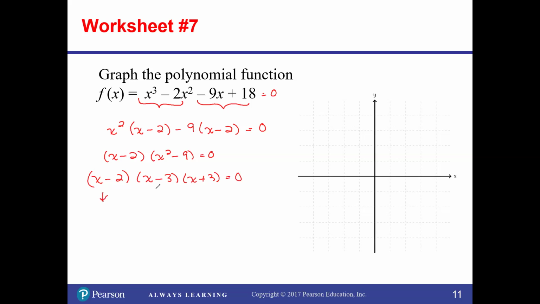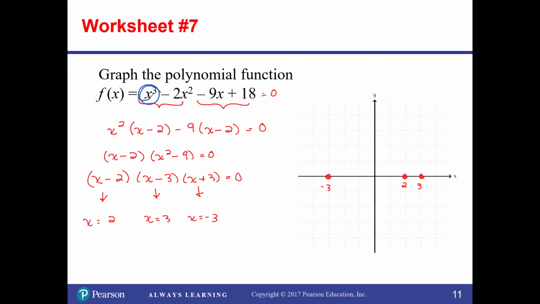So we can see here that my zeros are going to be at x equals 2, x equals 3, and x equals -3. There we go. 2, 3, -3. Also, we need long run behavior.